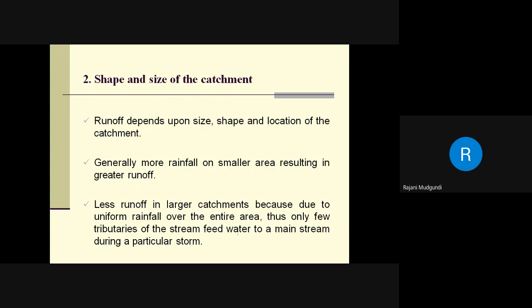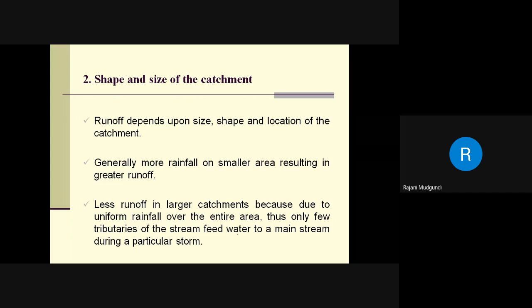There is less runoff in large catchments, because with uniform rainfall over the entire catchment area, the rainfall is distributed uniformly over the broad area. In that case, less runoff will be obtained. Thus, only a few tributaries of the stream feed water to the mainstream during a particular storm.